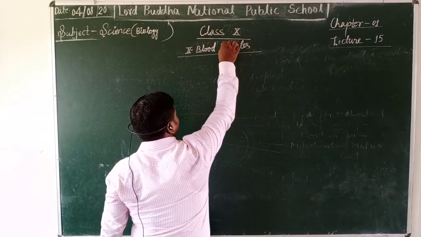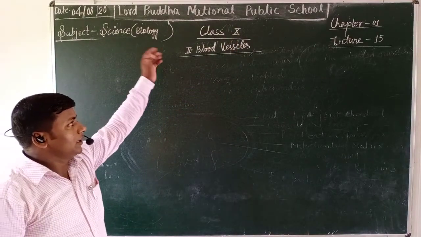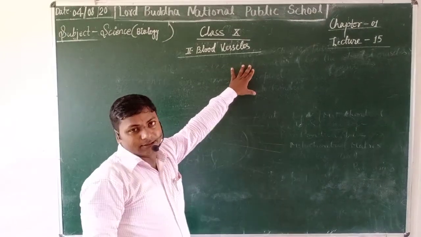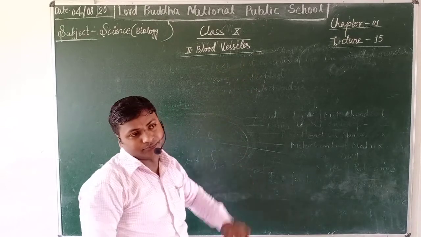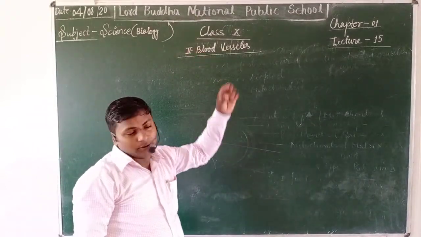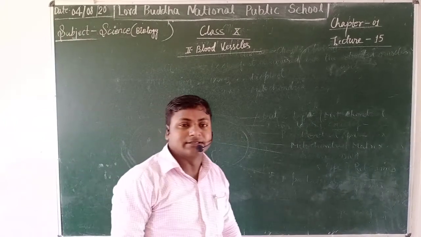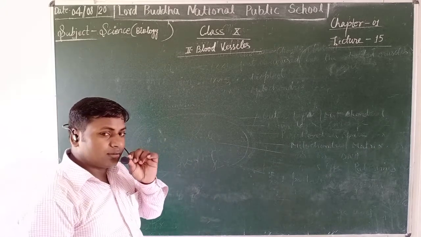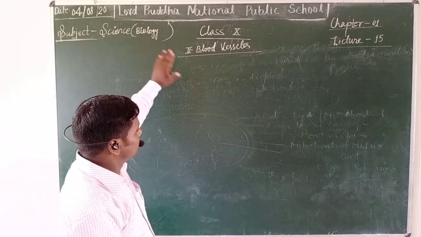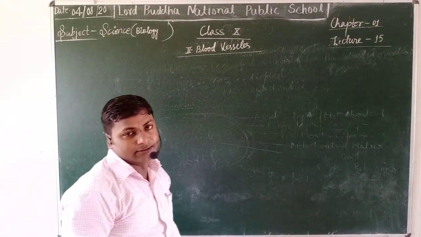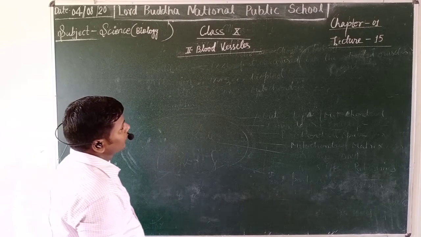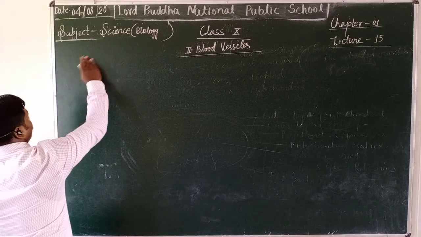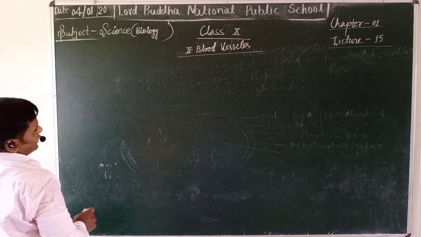Students, blood vessels. As this sequence reveals, they have a close relationship with the blood. Yes, students, the blood vessels are tube-like structures in which the blood flows. These types of structures are known as blood vessels. There are three types of blood vessels found in the human circulatory system.